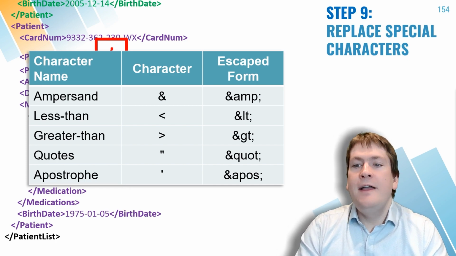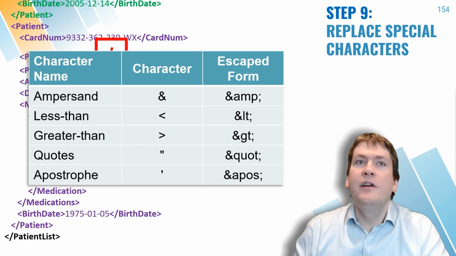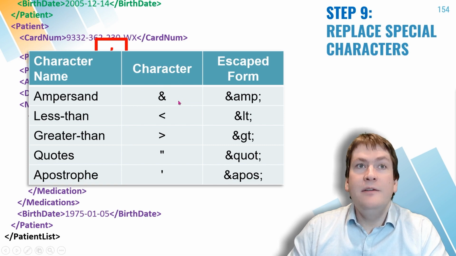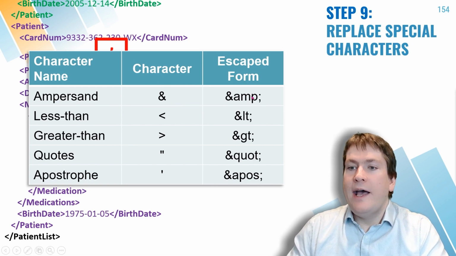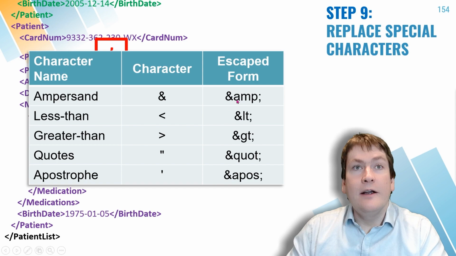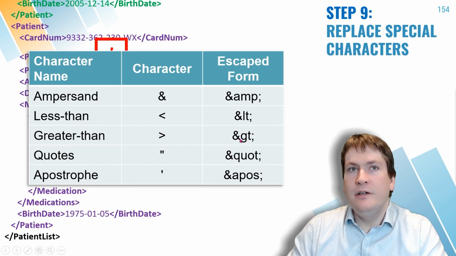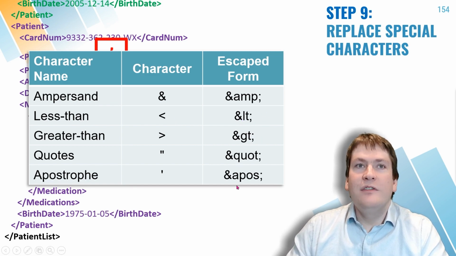So to replace these, XML gives us some special words to represent them. So for the ampersand, or the and symbol, we have this code right here. So it starts with an ampersand, AMP, and then a semicolon. For less than, we have a similar word, greater than, quotes, and apostrophe.